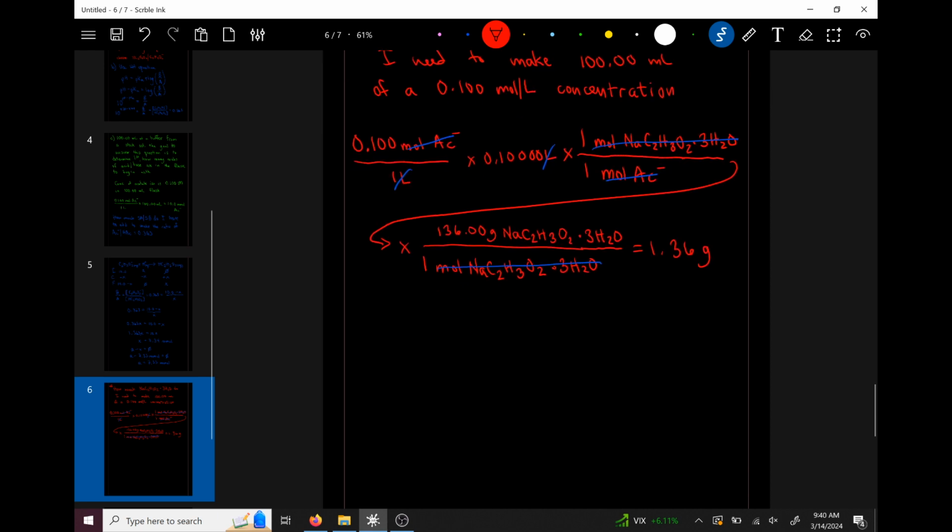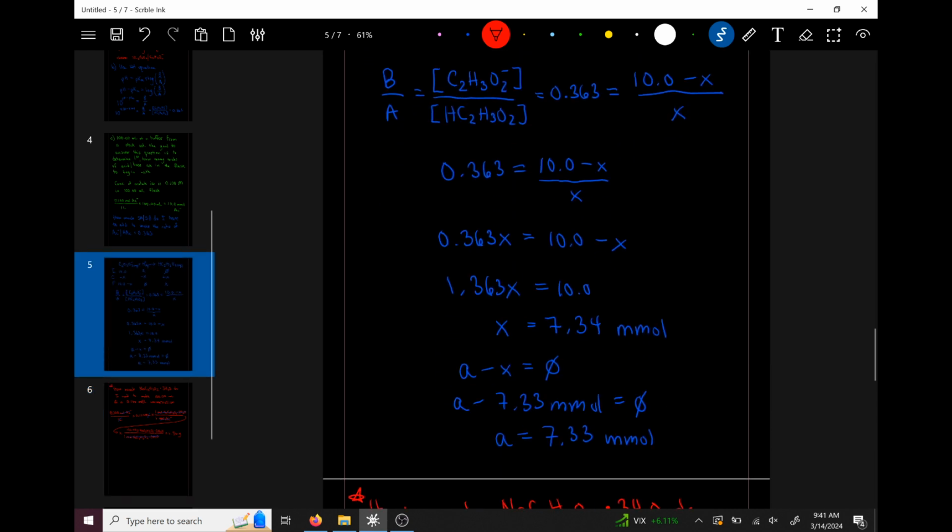So the next question to answer is, how much HCl needs to be added to the flask? I know how many millimoles of HCl have to be added. I solved for that in that ICF table. That was the calculation at the bottom of this page.